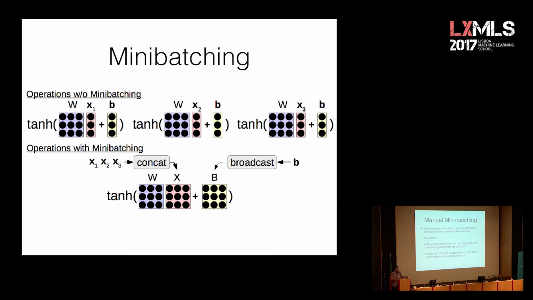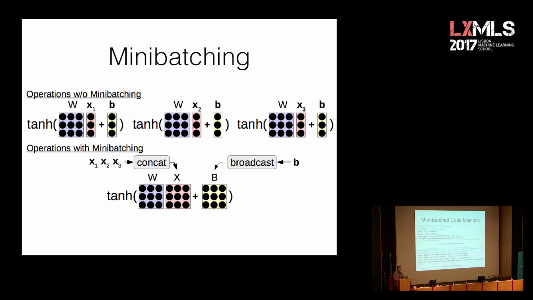The way you do this in DyNet is a little bit different. Basically, in DyNet, you only worry about batching on the input and output parts, and then everything else in the middle, the mini-batching part is completely transparent, and you just code like you were coding for a single example.